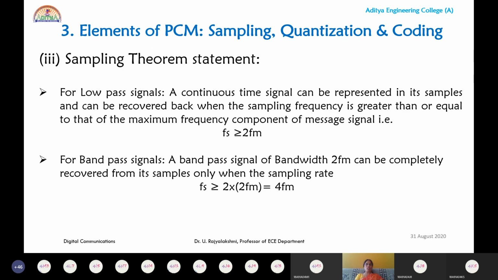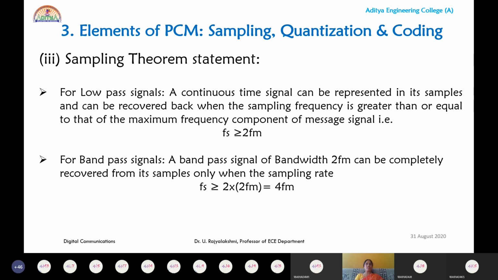One more thing, we already concluded with the sampling theorem statement, and I think everyone is familiar with it. A continuous time signal can be represented in its samples and can be recovered back when the sampling frequency is greater than or equal to twice the maximum frequency component of the message signal.